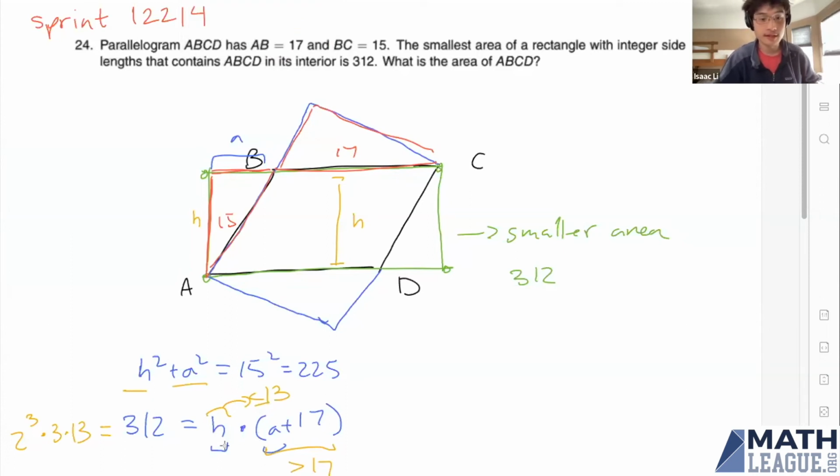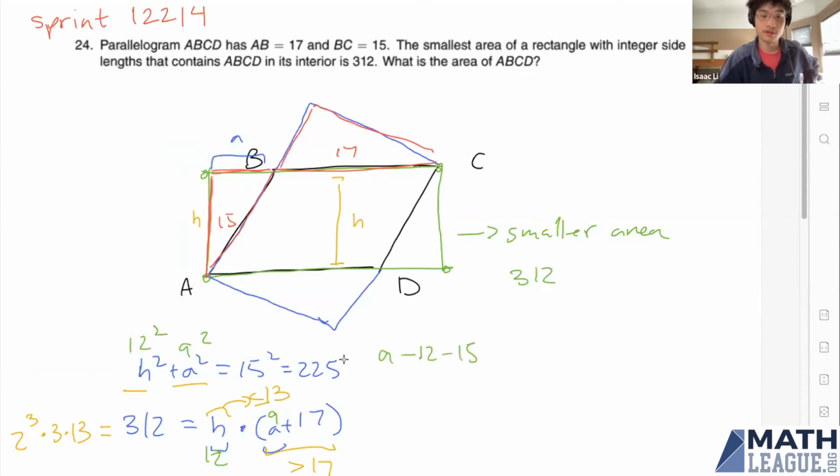And what we can find is that if this is 12 and this is 9, then 12 times (9 plus 17) is 12 times 26, which is 312. And 12 squared plus 9 squared equals 15 squared, which you can recognize as the 9, 12, 15 triangle as well.